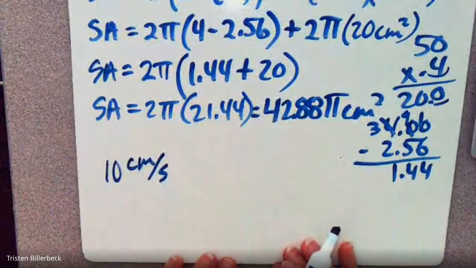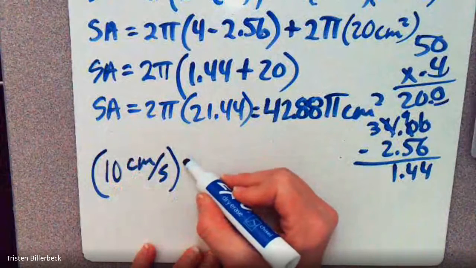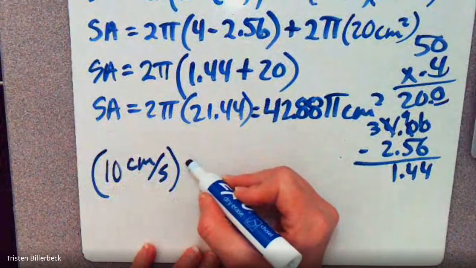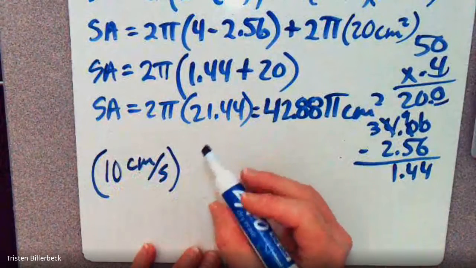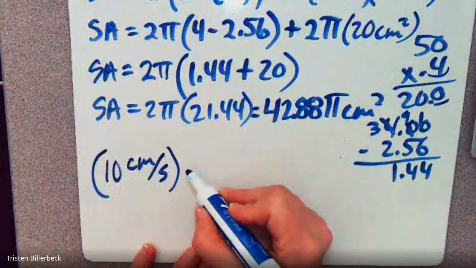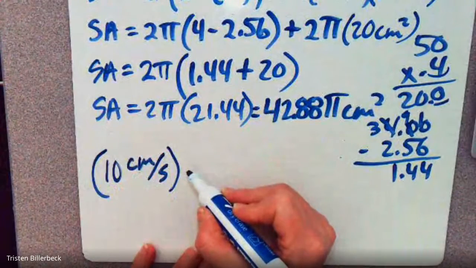And we have an opening at that pipe. So it's flowing 10 centimeters per second, and we want to know how much water is delivered in 30 seconds. So find the volume of water delivered in 30 seconds, flowing through the pipe at 10 centimeters.